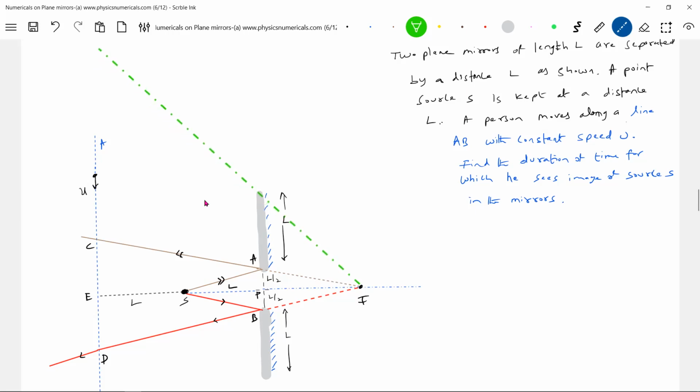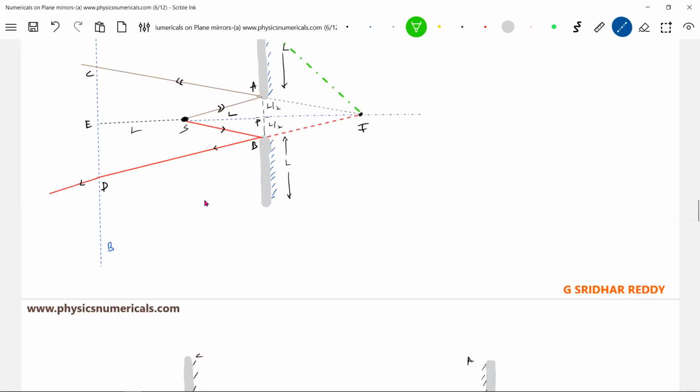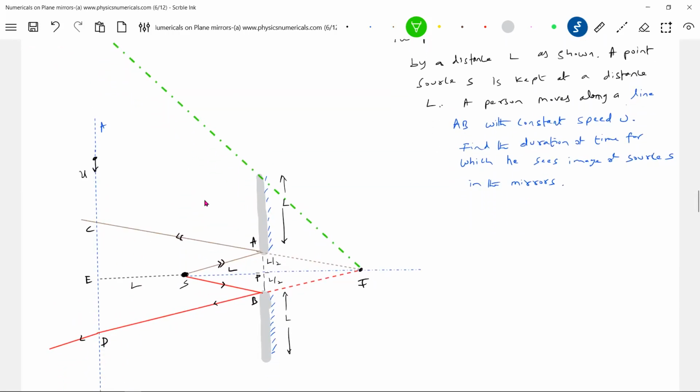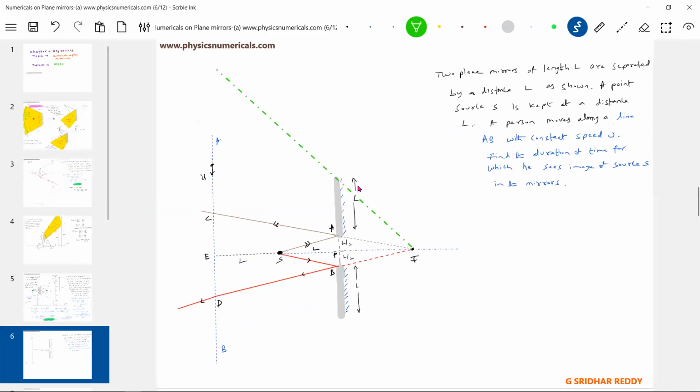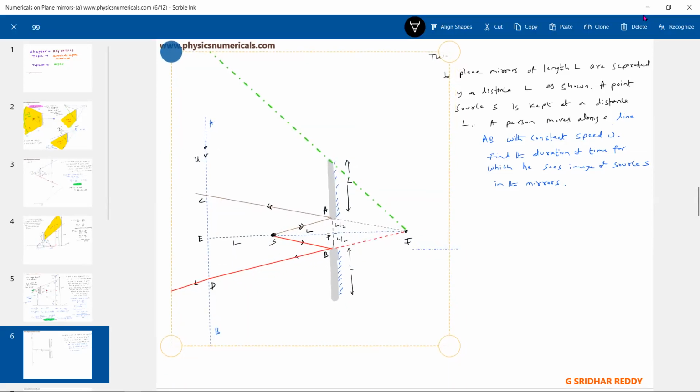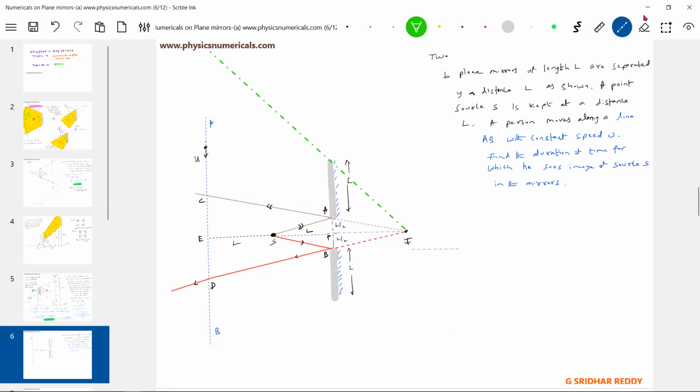Then let me take that picture. We don't have space. I'll try to explain verbally if a diagram is not possible.